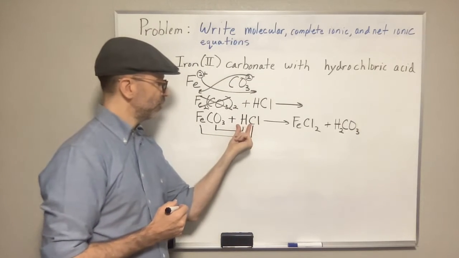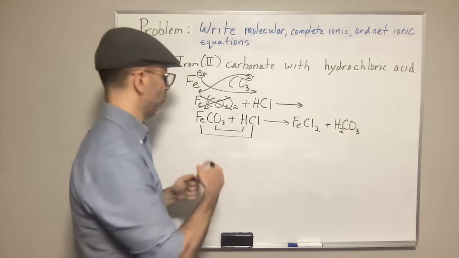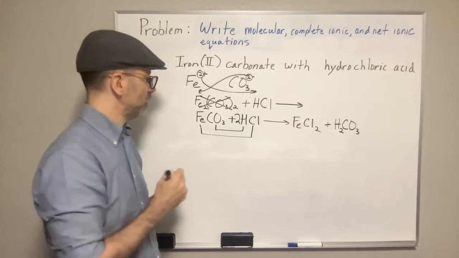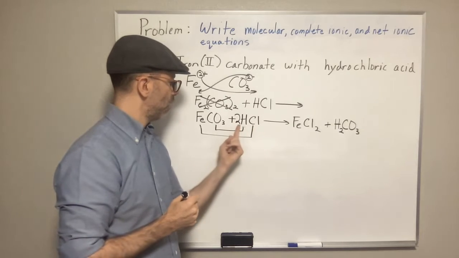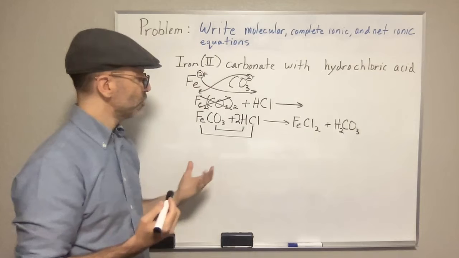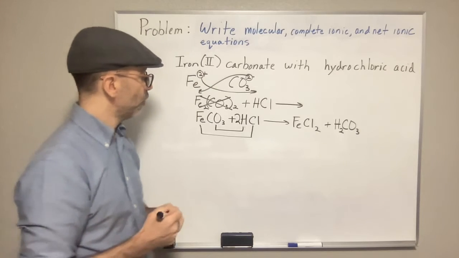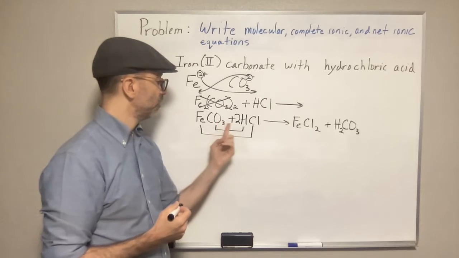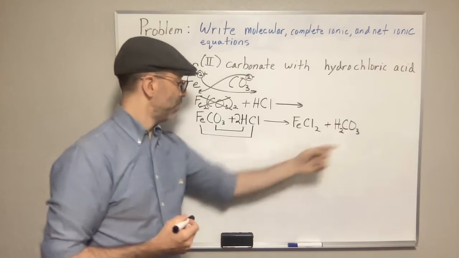I have 1 hydrogen here, but I have 2 there. So I'm going to need to put a 2 coefficient here. So now that's balanced. And now I have 2 chloride ions, and here I have 2 chloride ions. So that's balanced there. So now we have a balanced equation. So the next thing here is to determine the states of matter.